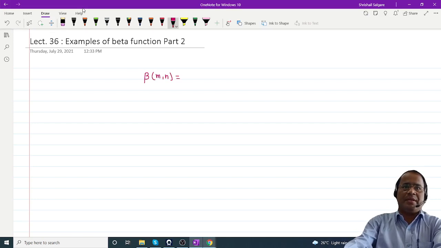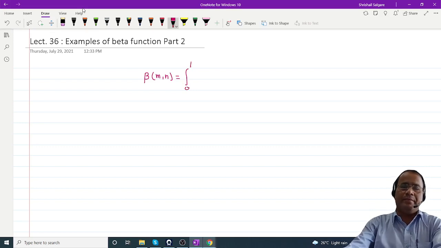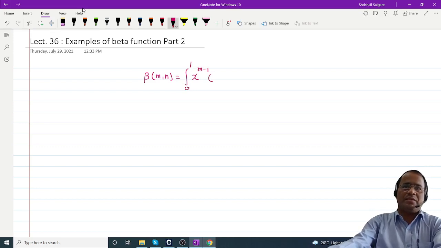It can be written as, this is just a revision, the integral from 0 to 1 of x raised to m minus 1 into 1 minus x raised to n minus 1 dx.